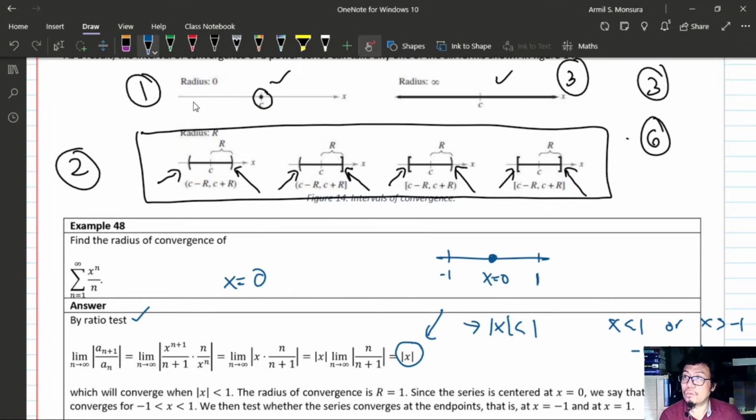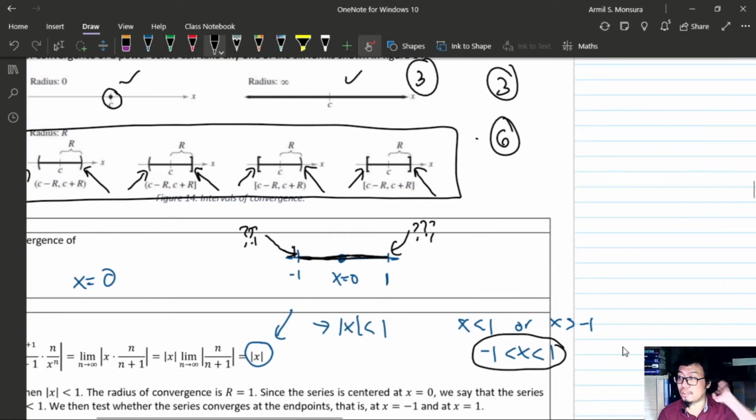What we're sure of is that in this interval, your series converges. But what we're not really sure of yet is whether it converges at the endpoint -1, and whether it converges at +1 also. At the minimum, this is where your series would converge.